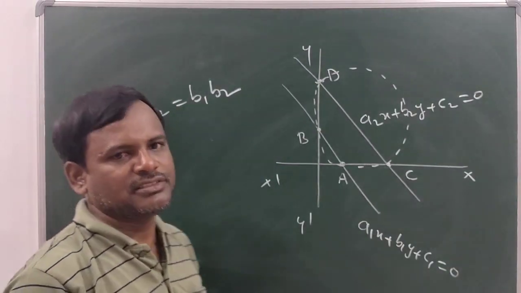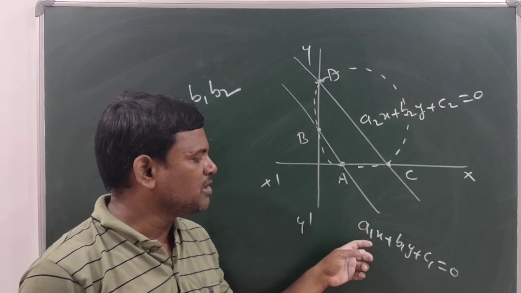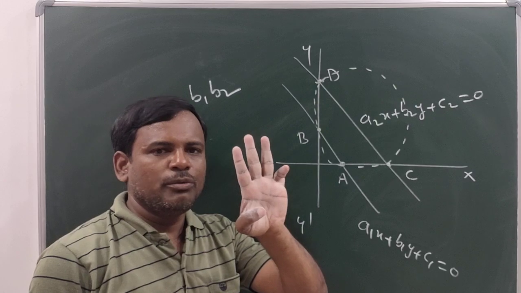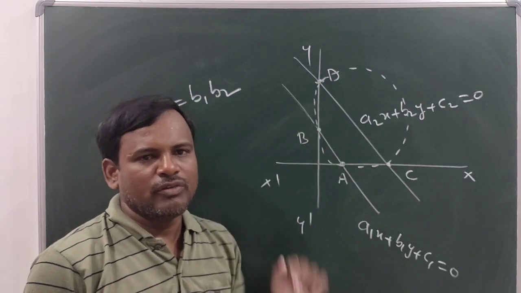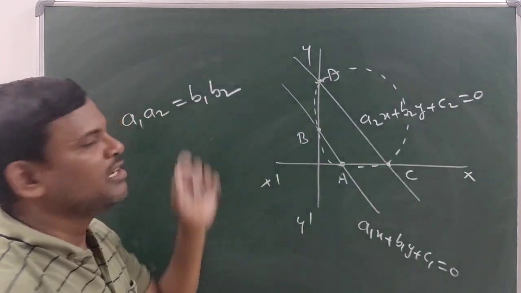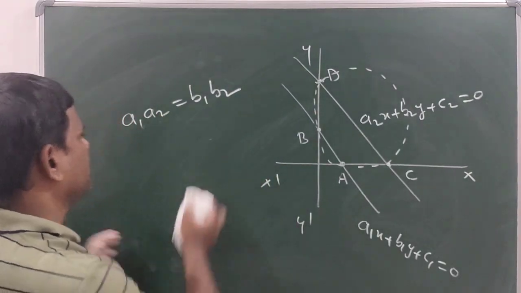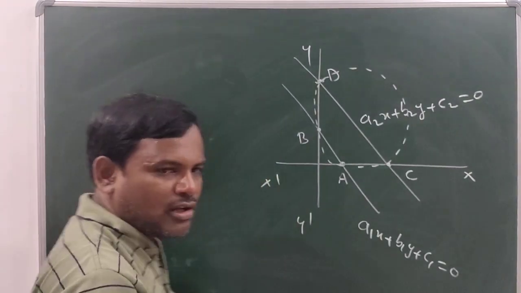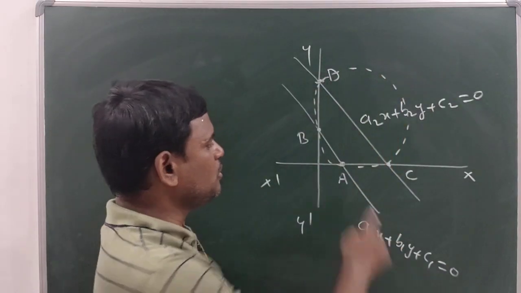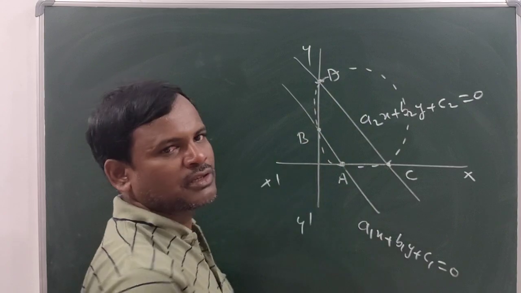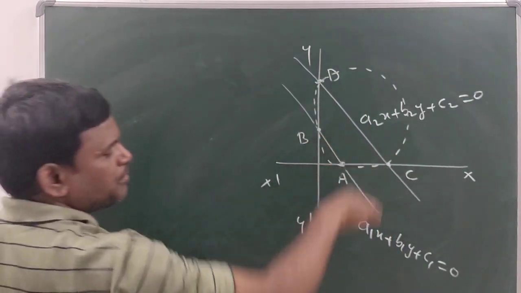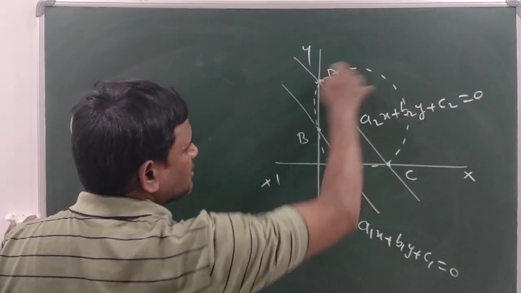Remember it like a standard result, because among this a1 b1 a2 b2, 3 numericals will be given to you, one unknown value they will write, and they will ask you to find that. Use this relation and find that unknown value. And also find the equation of the circle which is passing through these 4 points. So you can use this method to find the equation of this circle.